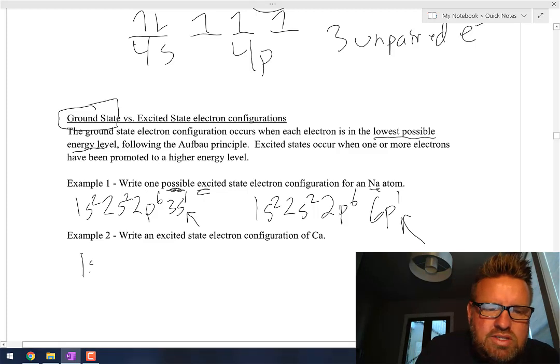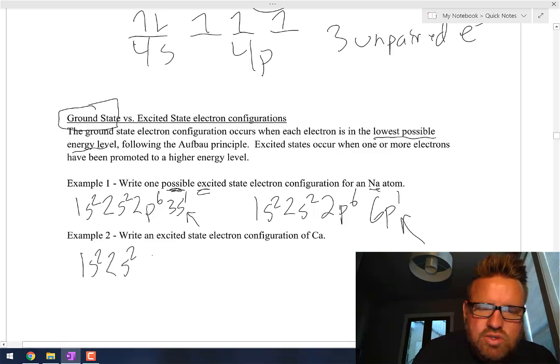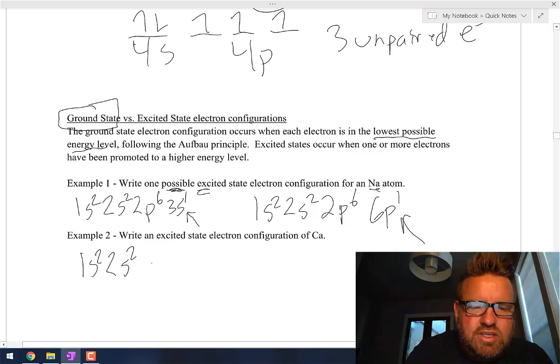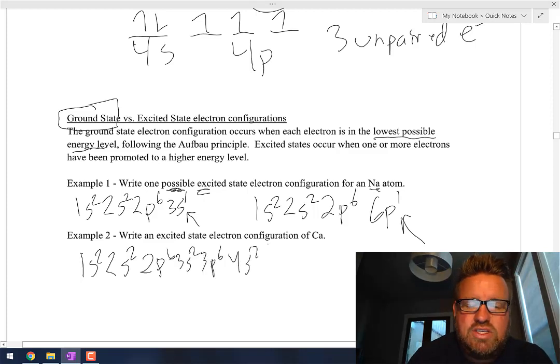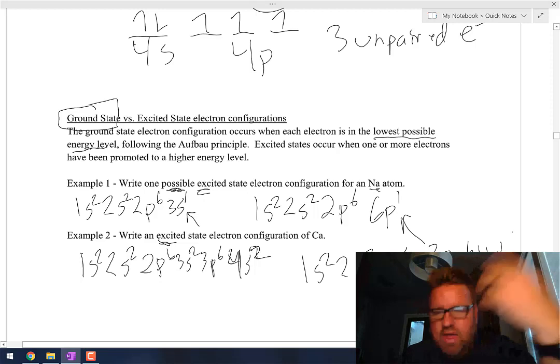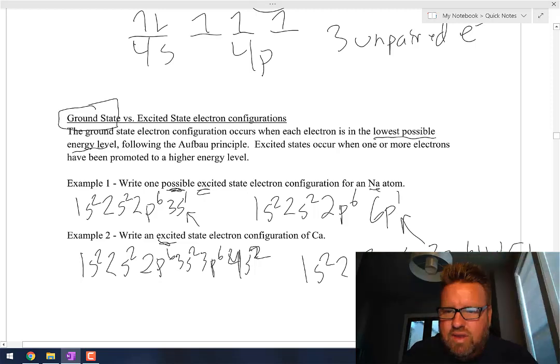Okay, with calcium, sorry, I shouldn't say regular. The ground state electron configuration of calcium: 1s2, 2s2, 2p6, 3s2, 3p6, 4s2, that's a 2, sorry. Okay, so 4s2, and an excited state could be 1s2, 2s2, 2p6, 3s2, 3p6, 4s1, and then we could say again 5d1.